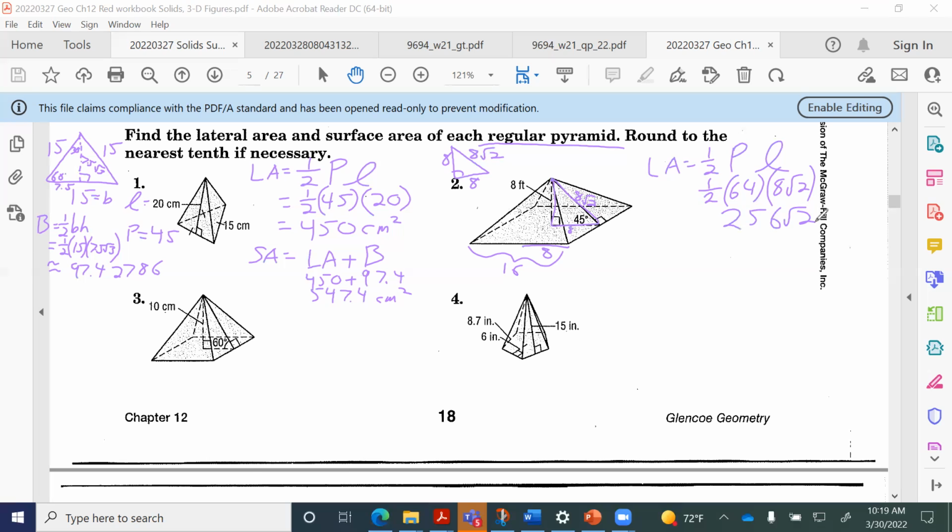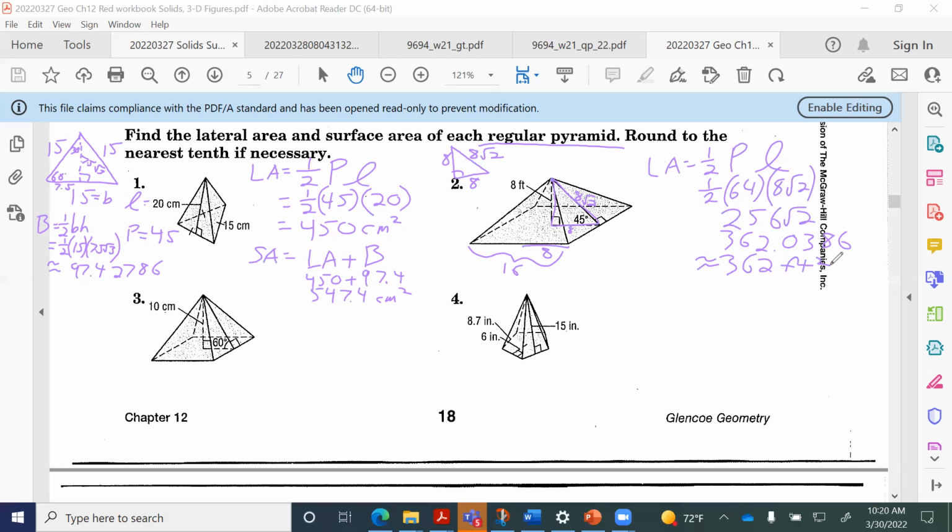That's our answer as exact value, but it wants us to round our answers, so that's going to be 362.06. And rounding it off to 1 decimal place, it's just going to be 362.1. And this will be in feet squared.